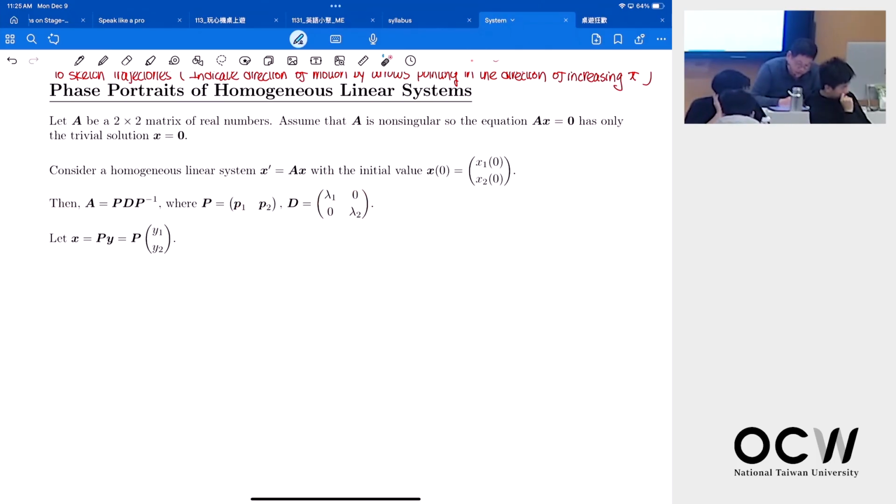So we change variables from x to y. Now if I have x equals P times y, bring this back to the linear system. We're doing the same thing.